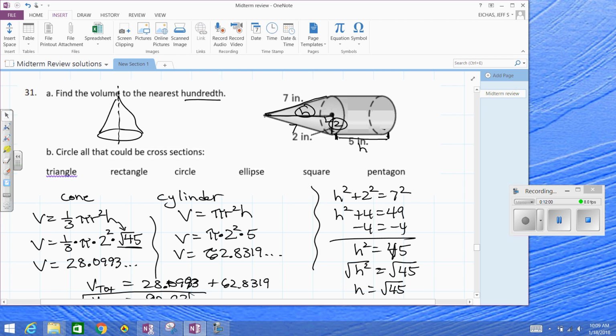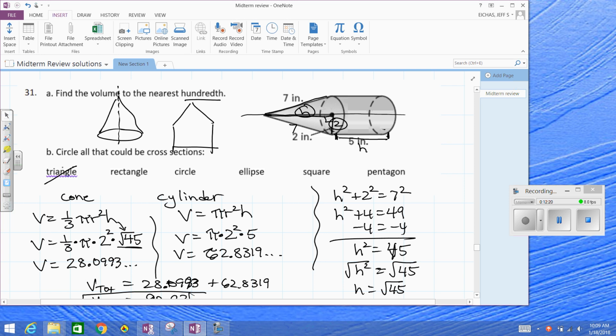But because this figure, if we cross section straight down through that way, that figure's going to be a pentagon if we cut through. So I am going to have to eliminate, I can't see any way to get a triangle.